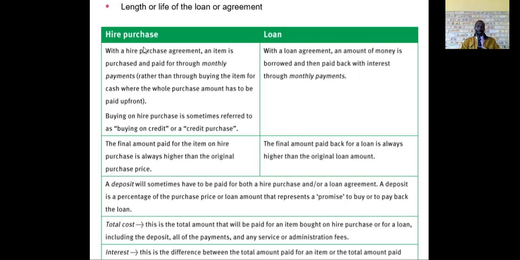Now, the final amount paid for the item on hire purchase is always higher than the original purchase price. Yeah, you see now when we get back to hire purchase, which sounded like a really good deal. You know, you first take the commodity and you pay for it later. It's only a good deal when you don't understand it, right? If you do, you notice the amount of money you will pay over that period of time is much, much, much higher. So for example, you find a car which is being sold at 215,000.